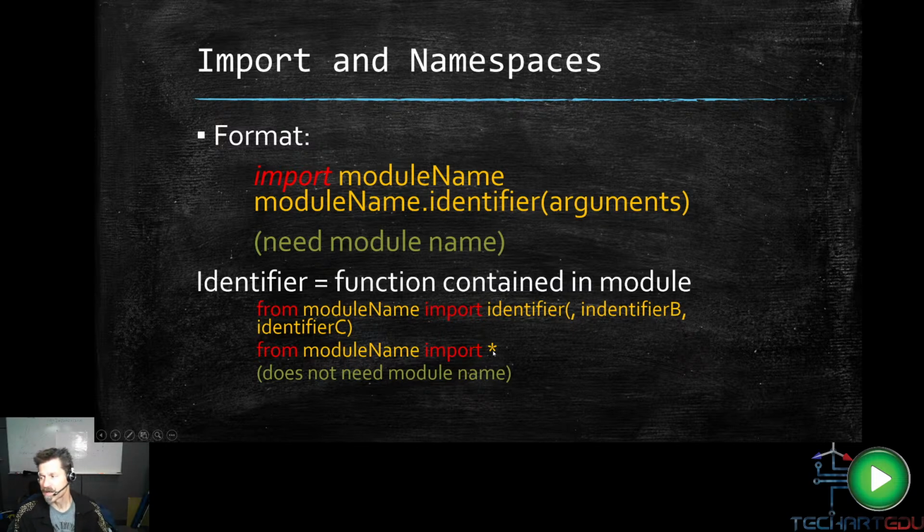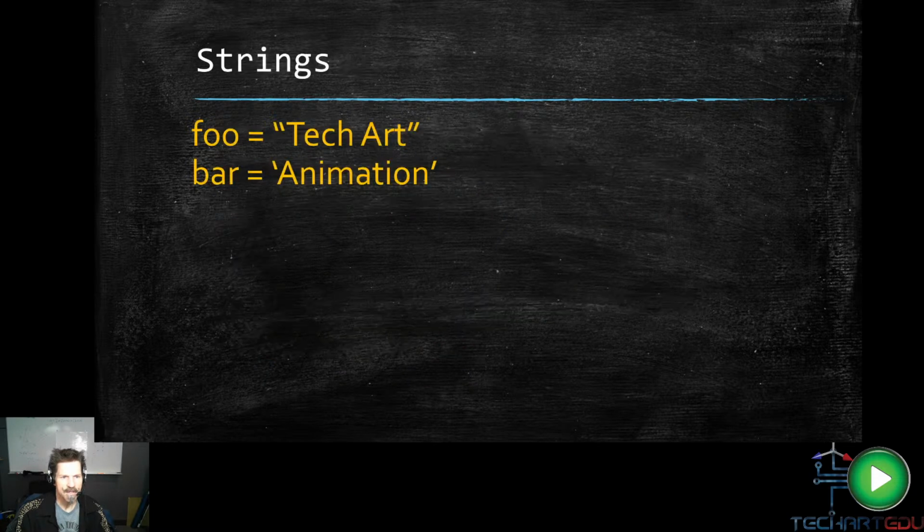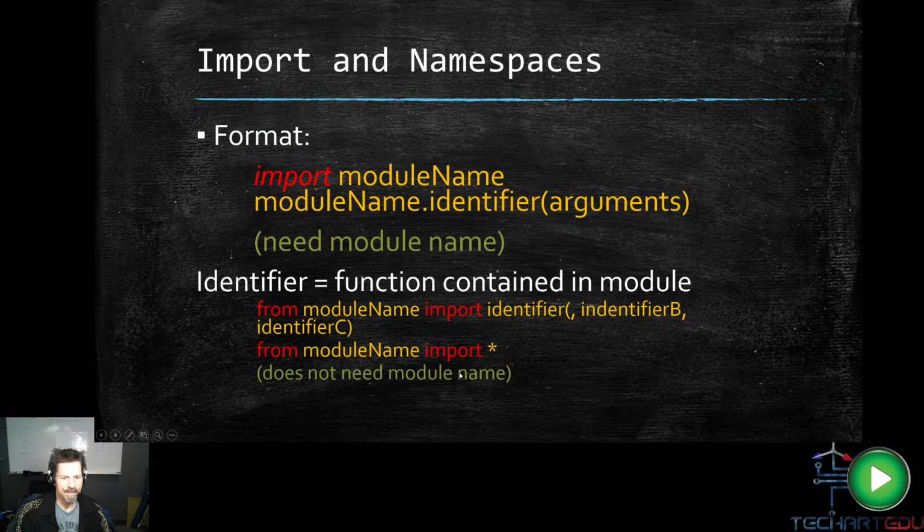And the star means everything. Bring in everything. Now, something interesting happens when you bring in everything. It removes the need for the use of a namespace, so we don't need the module name any longer. And that's a very interesting distinction to see.